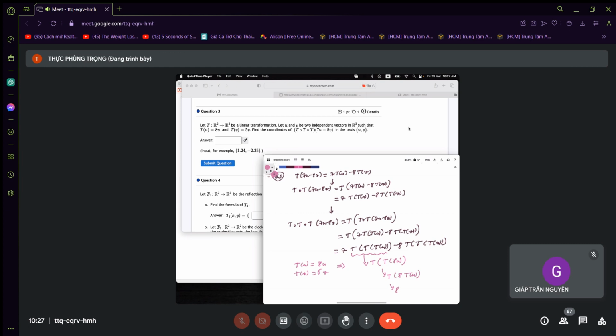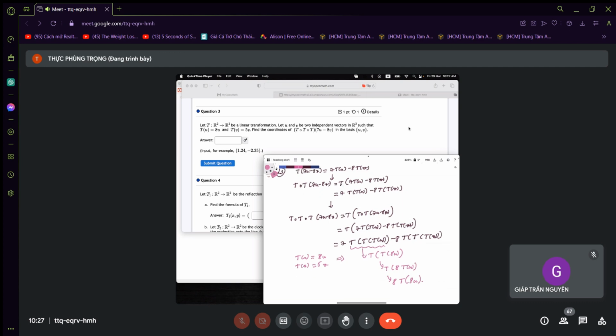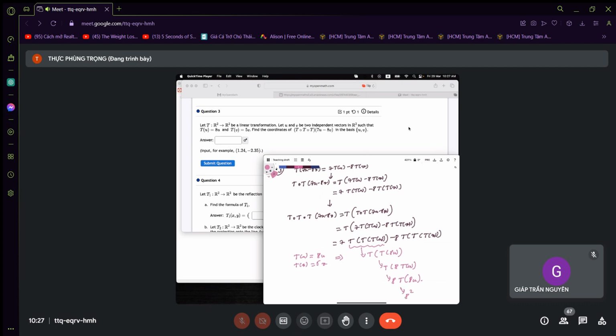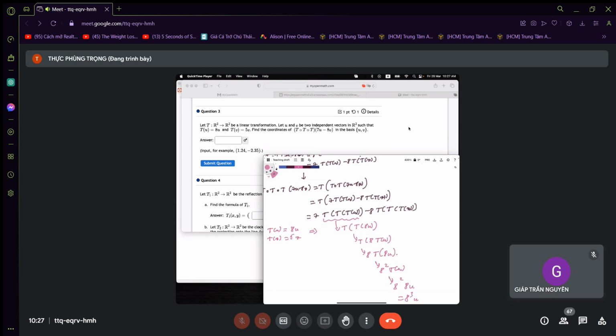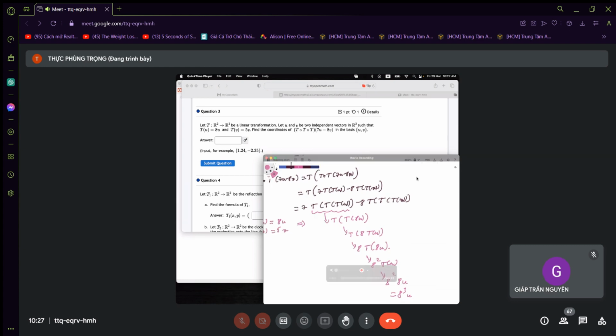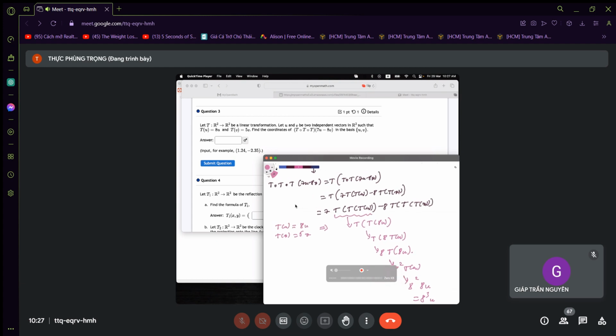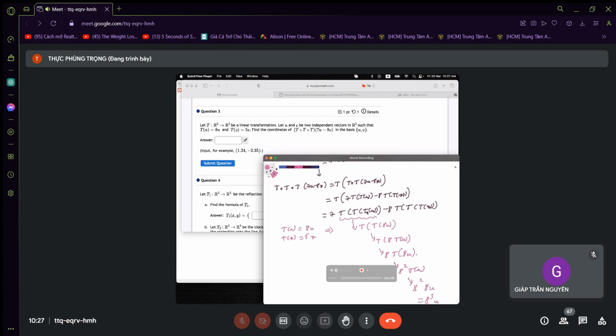So you get 8T of 2U, right? And then 2 squared TU, and then you get 8 2U. So in the end, you get 2 cubed U. So anyway, if you look at this one, you just say, all right, T of TU is just 2 squared U, right? Right here, I just get it slowly. Anyway, so the one right here would be 5 cubed V, right?